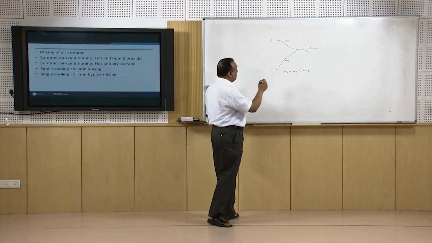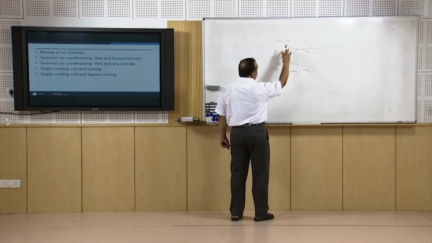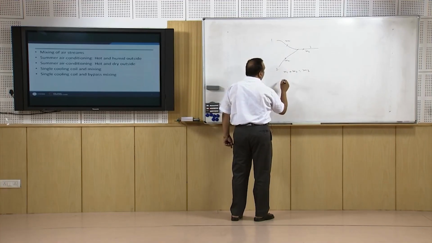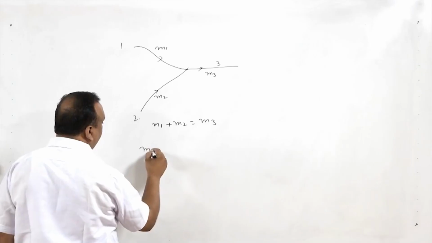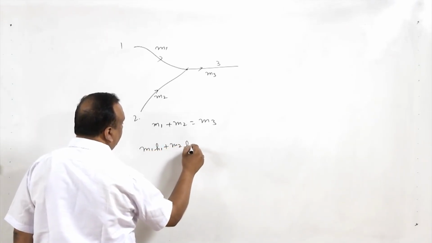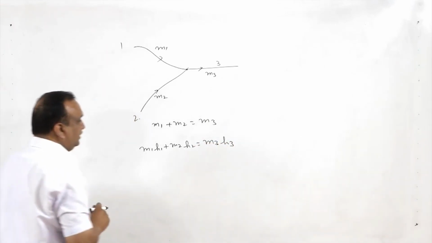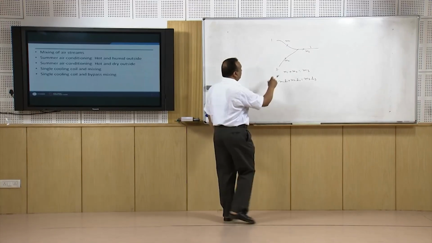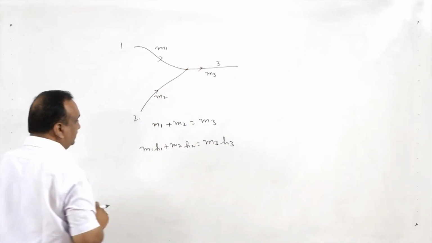This is an adiabatic mixing of two streams, so there is no heat transfer. M1 H1 plus M2 H2 is equal to M3 H3. So, enthalpy of stream 1 plus enthalpy of stream 2 is equal to enthalpy of stream 3.